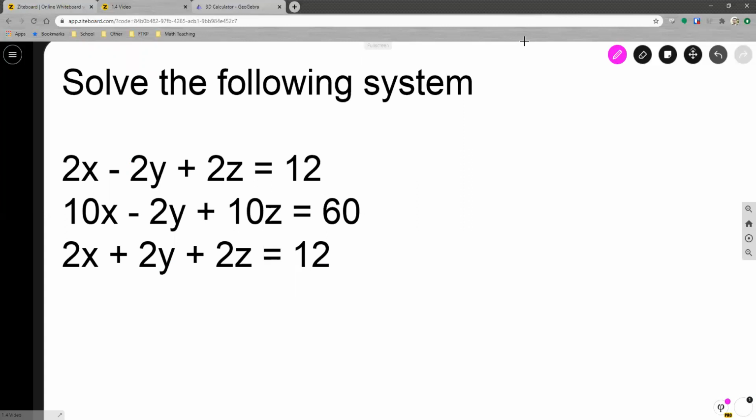That means, at least to me, if I see something like this with equation 1, 2, and 3, I'm going to pick 1 and 3 to start with. I'm going to take equation 1, 2x minus 2y plus 2z equals 12. And then equation 2, or equation 3, I'm going to try to get rid of a value here.